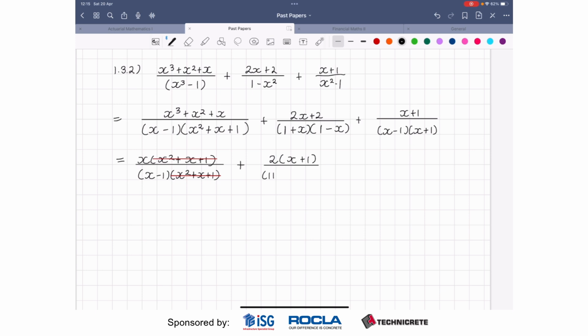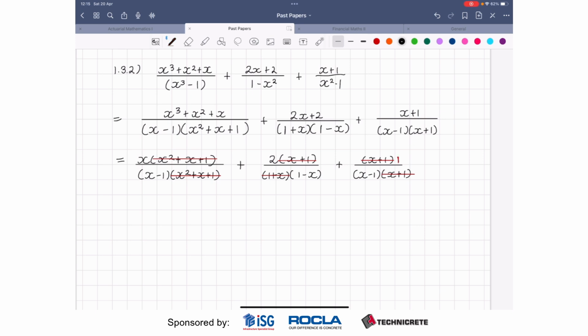And then here I've got 1 plus x and 1 minus x. And these two cancel out. And then for the last one, it stays the same. But then these two cancel out. So I'm left with the 1 here.